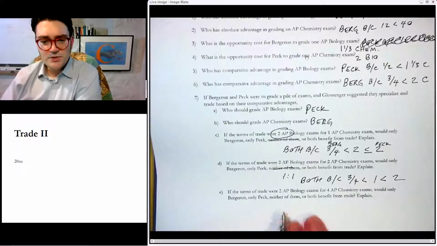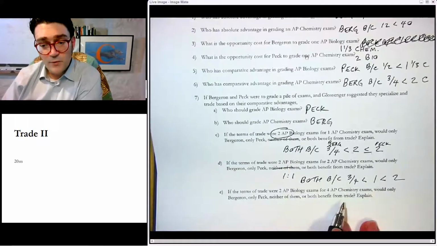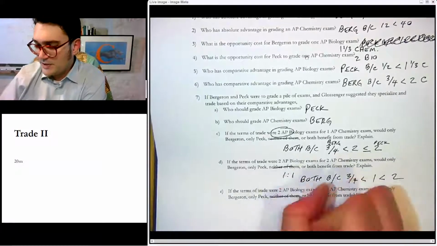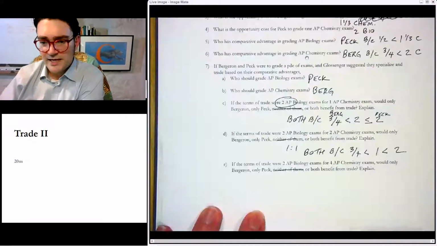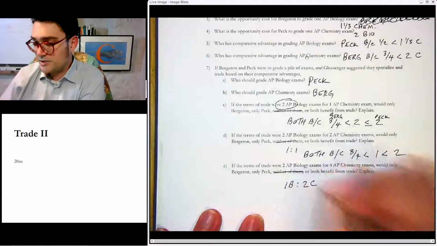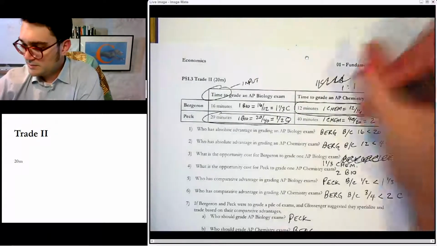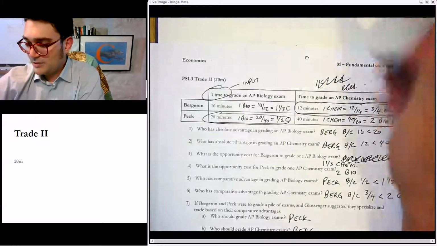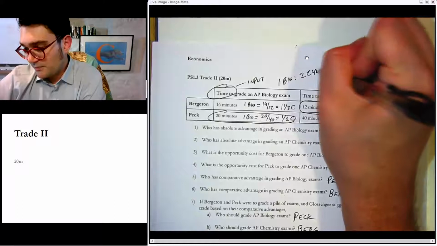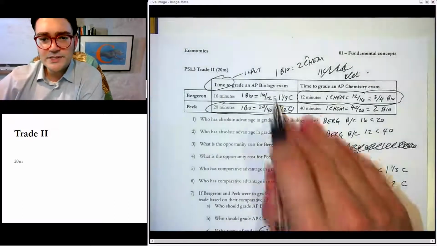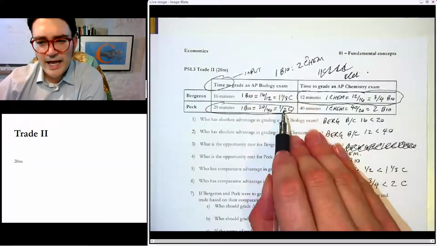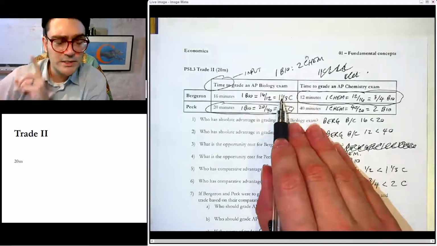And then the last one here, in terms of trade, we're 2 bio for 4 chemistry. Only Berge, only Peck, neither or both. We're going to eliminate the neither, and we'll simplify that to 1 bio for 2 chemistry. And so we're going to use this side now. And is 2 chemistry between 1/2 and 1 1/3? No, it is not.